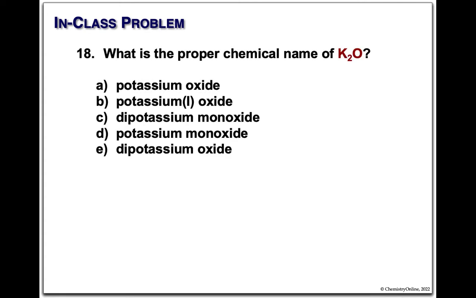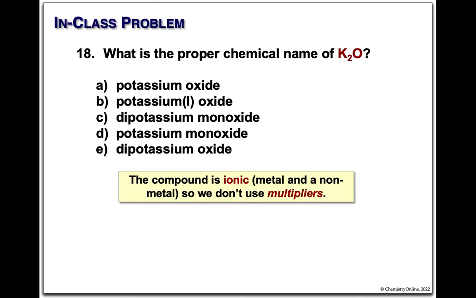Another nomenclature question. K2O. Again, we want to see exactly what we're dealing with. Potassium, that's K, right here in group 1. And by George, it's a metal. So we know this is an ionic compound right away. We do not use multipliers.